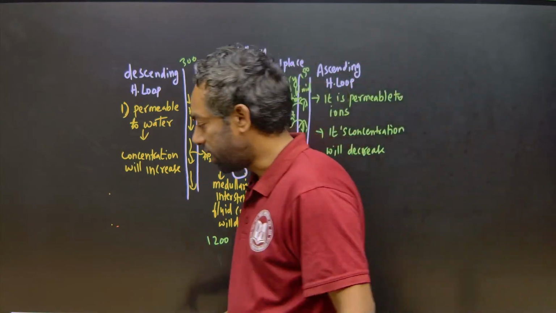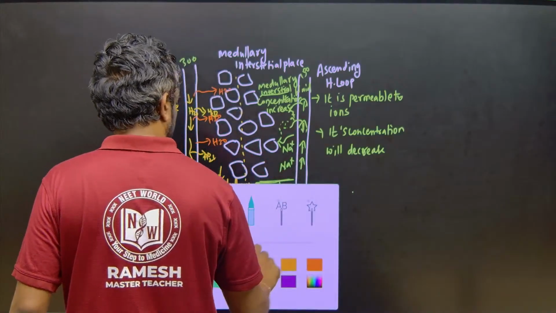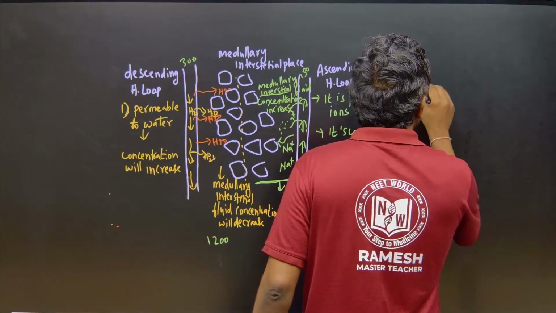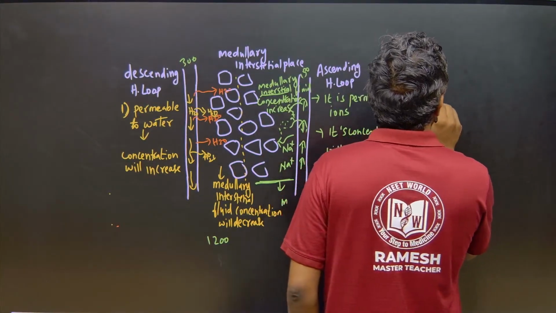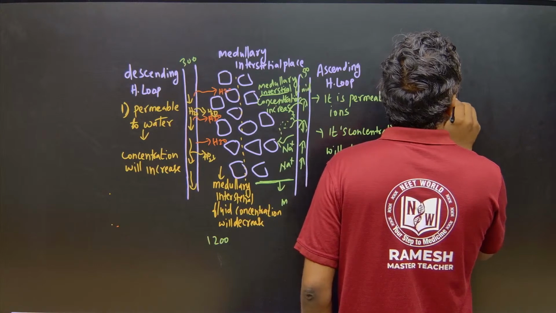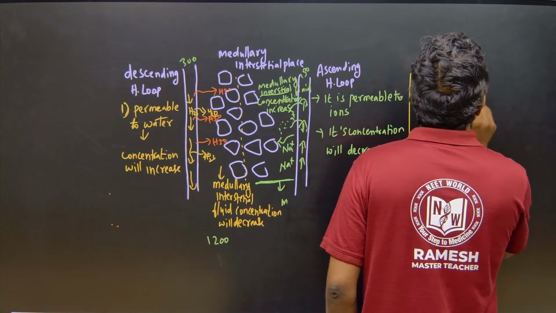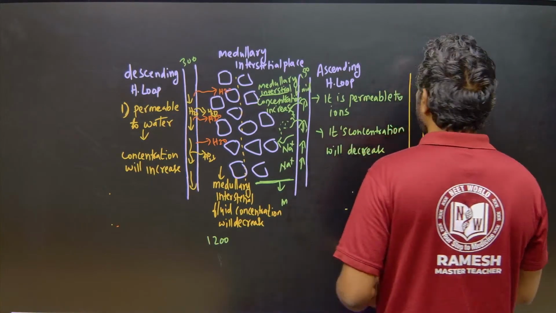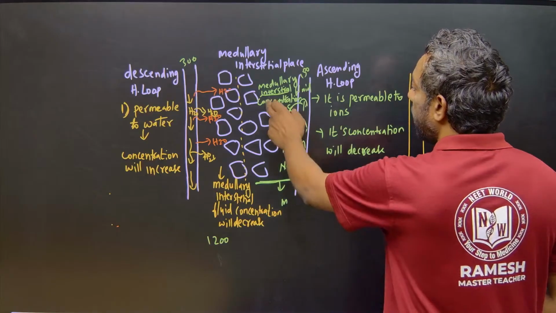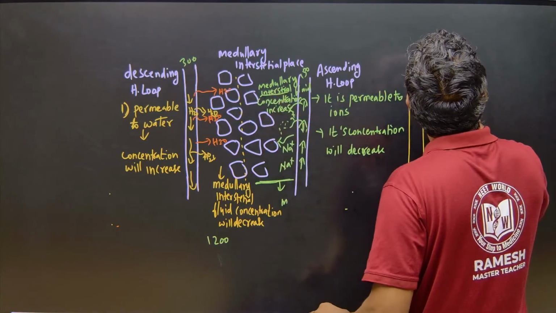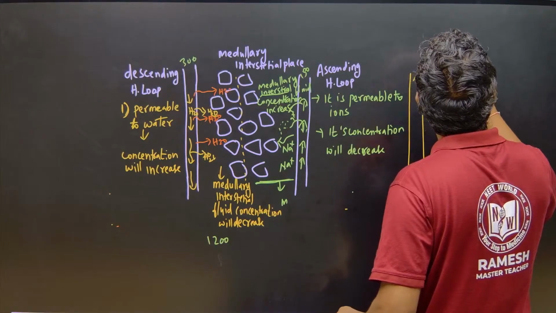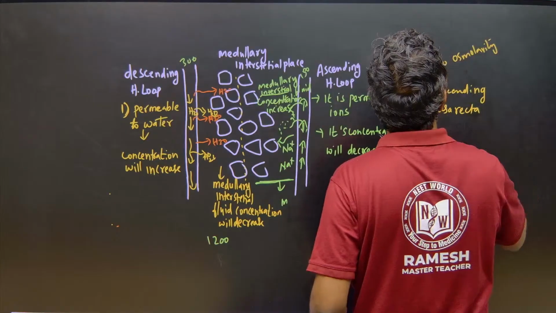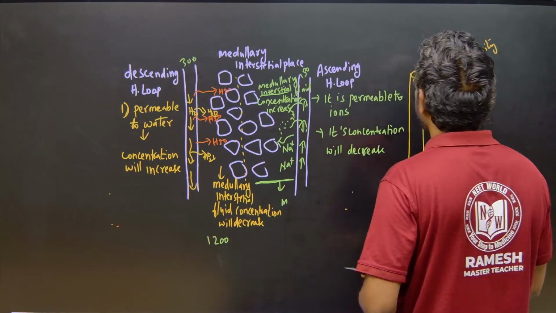If we come to the Vasa recta, okay, the descending Vasa recta, here the osmolarity 300 is where it started. The osmolarity 300 started in the descending Vasa recta.